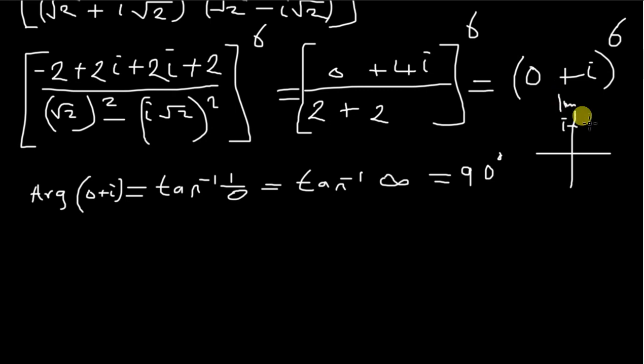This is the imaginary axis, and then this is the real axis, and then this is our 0 there. Of course, don't forget to put this if you are drawing it for somebody to mark. So this complex number lies in the first quadrant, so I'm going to use the same 90.